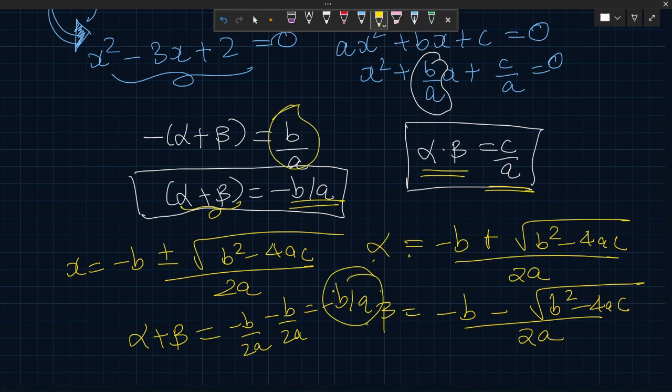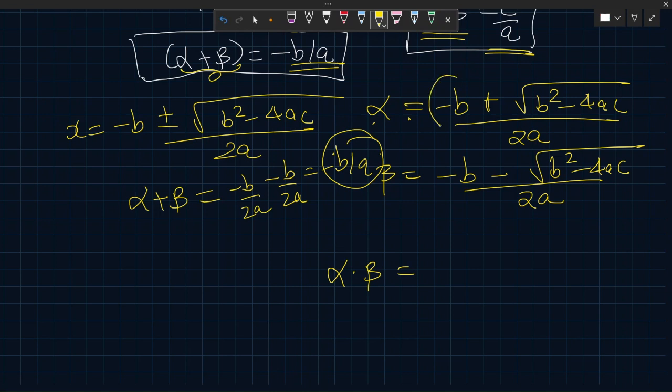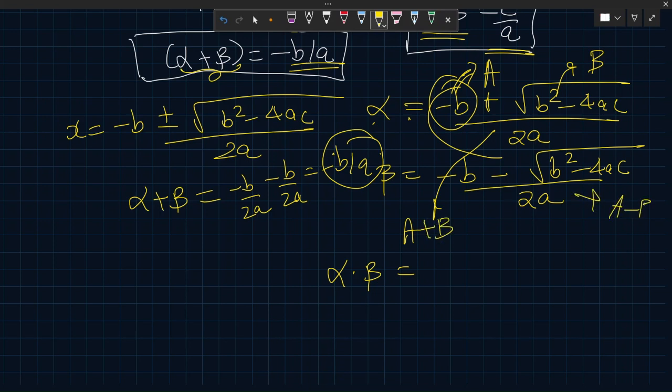And if I multiply alpha into beta, this is like some value a plus b, and this is like some value a minus b.